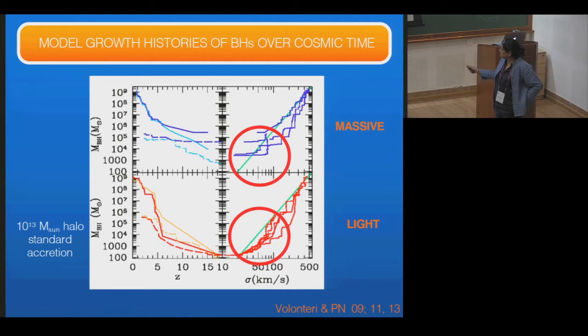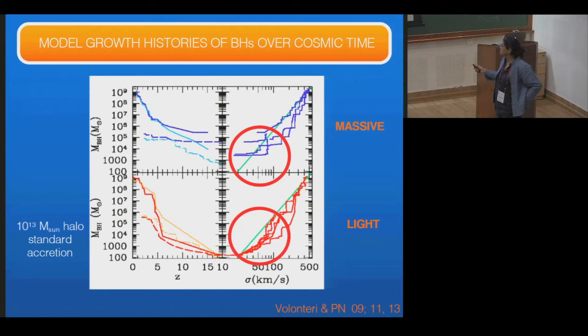And the way you reach there is that you are always undermassive at early times relative to the local M sigma, and then you catch up and you form stars. So there's a sequence here of whether the black hole grows first or the stars grow first, right? That is different in each of these.